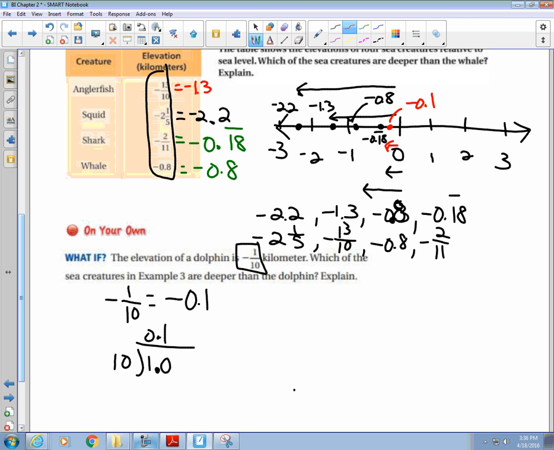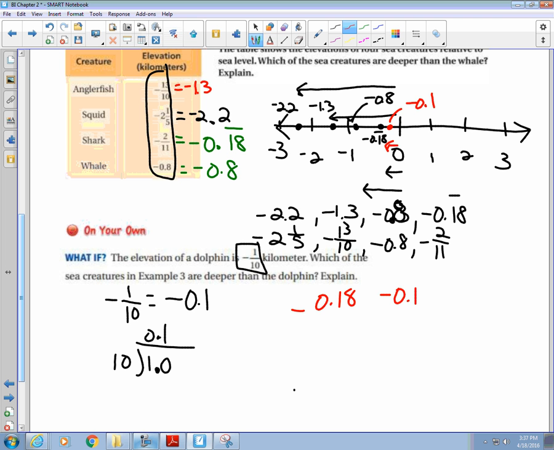Okay? Now, if I really wanted to compare negative 0.18 and negative 0.1, the only way I can compare these, because they have a different number of numbers to the right of the decimal point, is this. Negative 0.18 has 2 numbers to the right. The 8 is in the hundredths place.